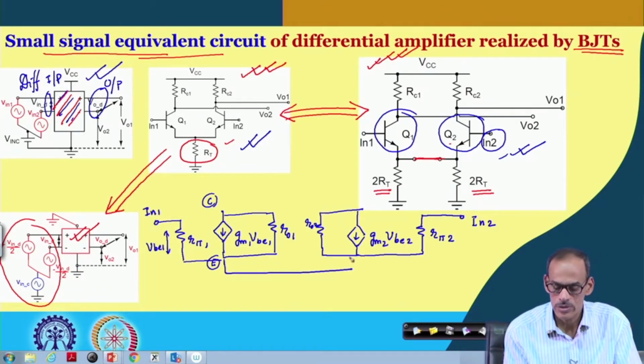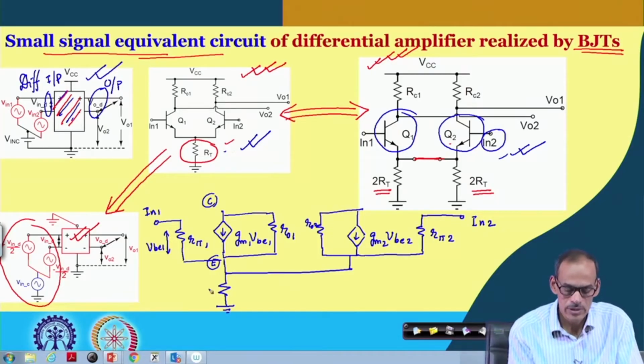These two emitter nodes are connected together, but in our analysis we like to keep this resistor split into two parts.